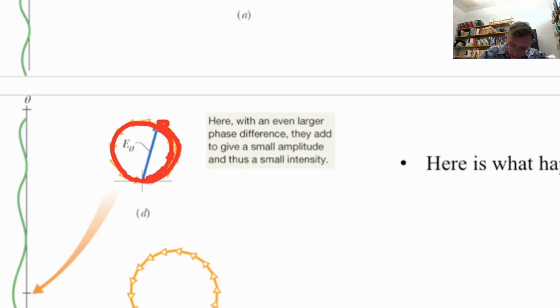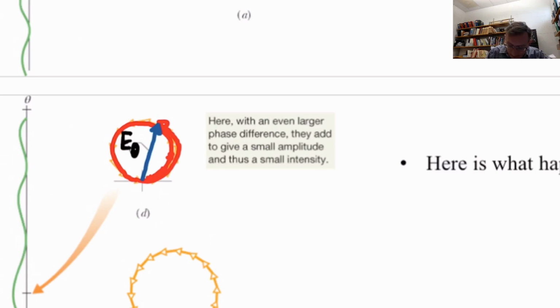And then the resultant goes from the tail of the first to the tip of the last, like that. And the length of that arrow is the E theta. And it turns out that as you're winding this chain of phasors up, so to speak, you're at a point where that blue arrow is about as long as you're going to get. And if you do more winding up, that blue arrow is going to get shorter. That's how you end up getting another peak.